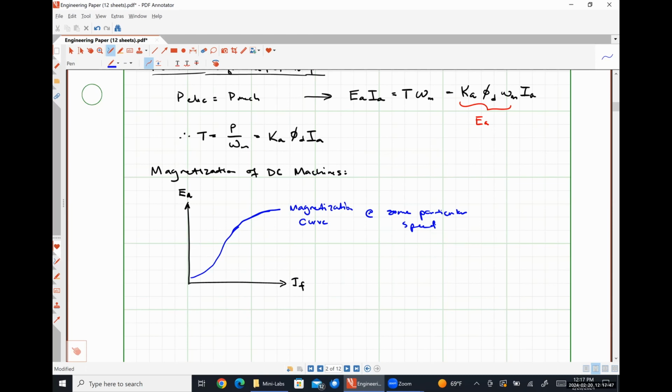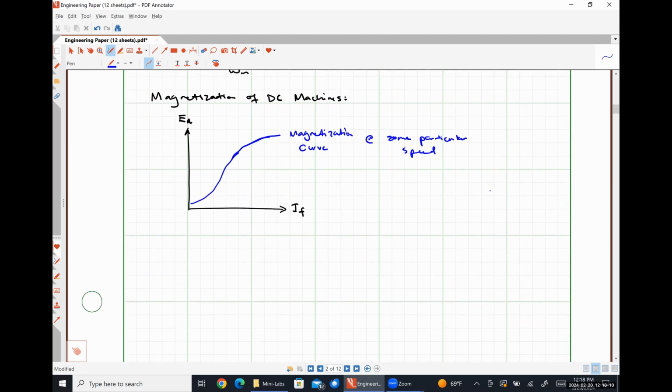So this magnetization curve data depends on the speed at which the motor is operated. So if we were wanting to find what's going on at a different speed, we would actually need to make a pretty simple adjustment, okay? So our induced voltage at some speed 2, okay?